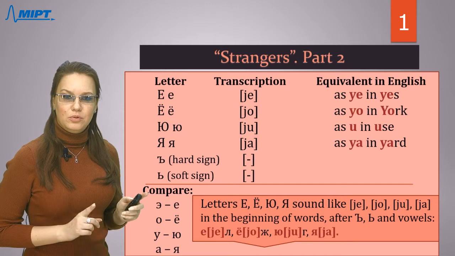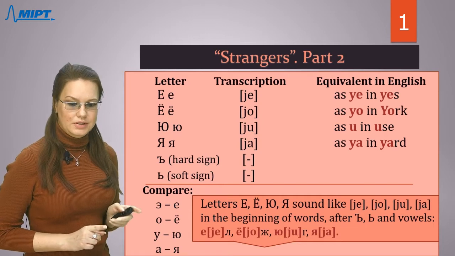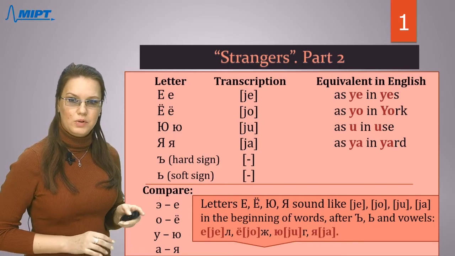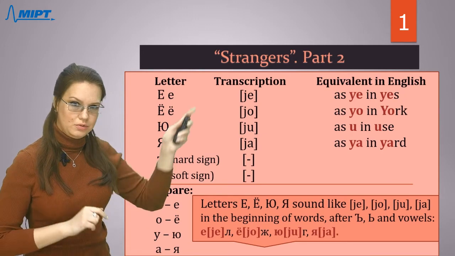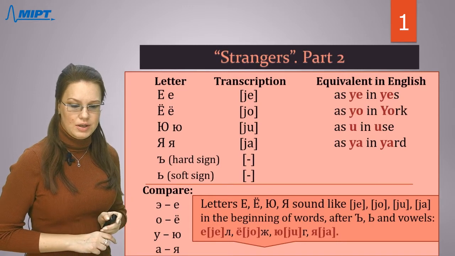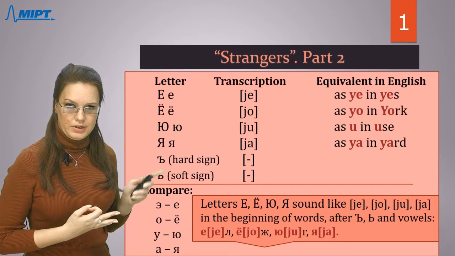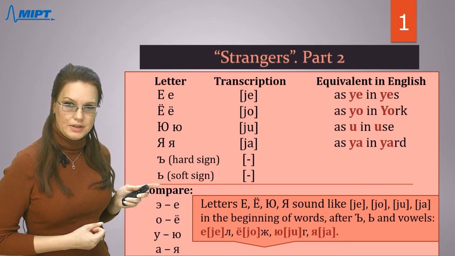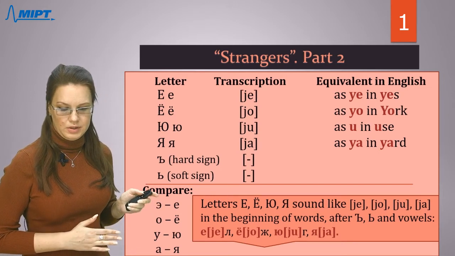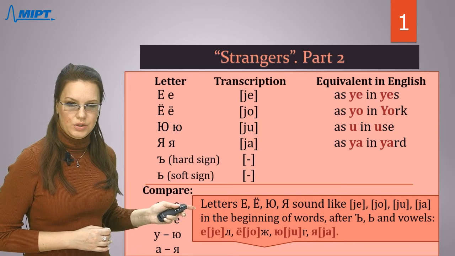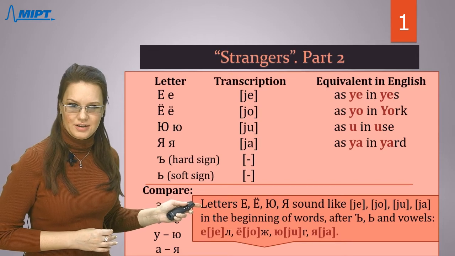And also one important rule on how to read these letters. These letters Ye, Yo, Yu, Ya will sound like Ye, Yo, Yu, Ya. I mean they will give us two sounds, like you see here in this transcription, in the beginning of words, after a soft sign, or after other vowels. For example, yel, yosh, yuk, ya.